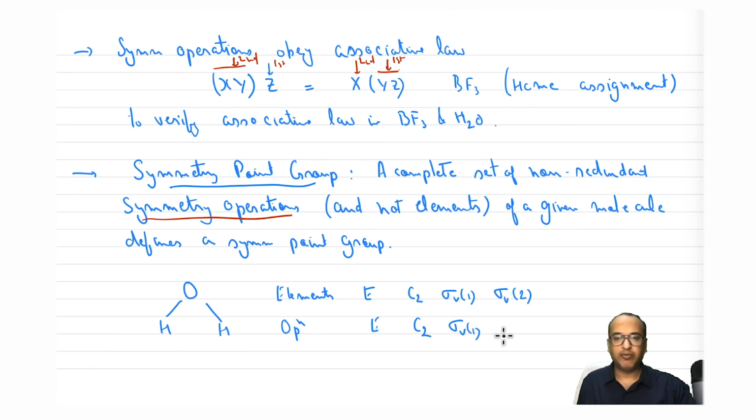Sigma V1 will generate one, sigma V2 will generate one, right? So this forms a point group called C2V. We define it as C2V. This is the notation we will learn later, called Schoenflies symbols of point groups, but let's see. So this set of symmetry operations, not the elements, will give you the point group as C2V.